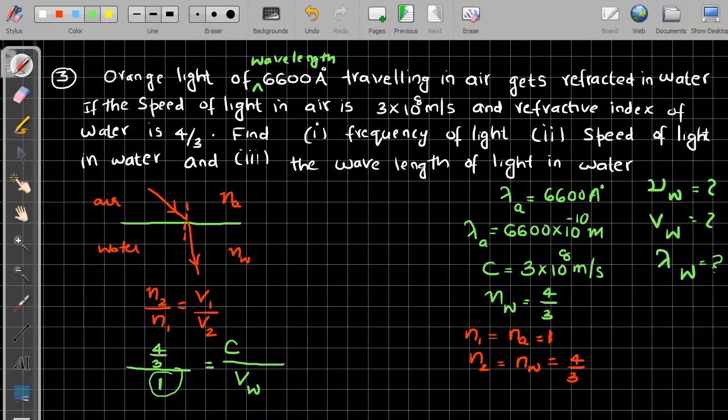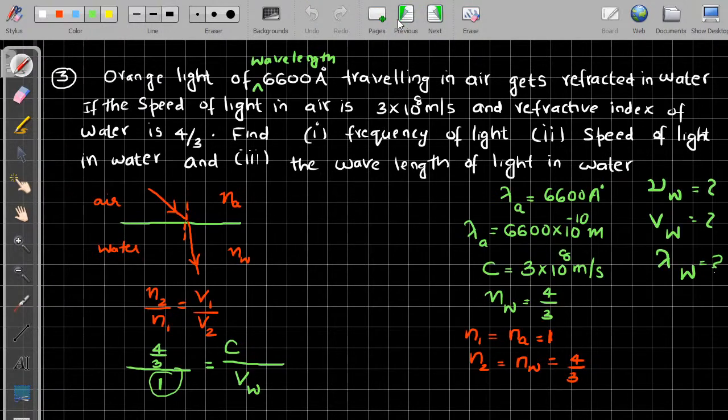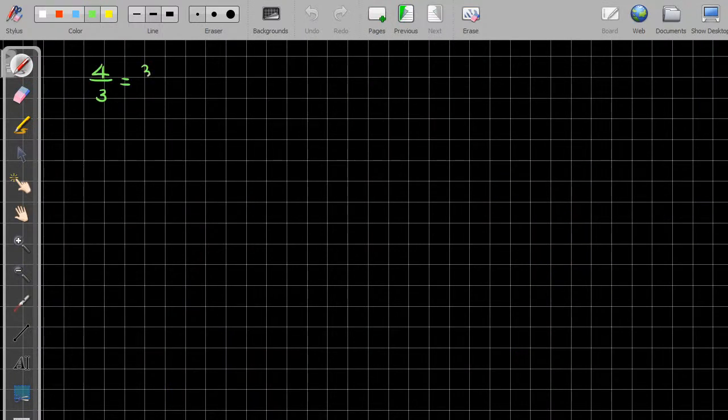So I'll add one more page here. What happens to my left hand side? It becomes 4 by 3 itself, that is equal to, let me check my previous page, C divided by VW. C value is 3 into 10 raised to 8 divided by the velocity of light in water. So if you rearrange this expression, what will I get? I will get VW is equal to, you can take this VW on the left hand side, you can take this 3 and 4 on the right hand side.